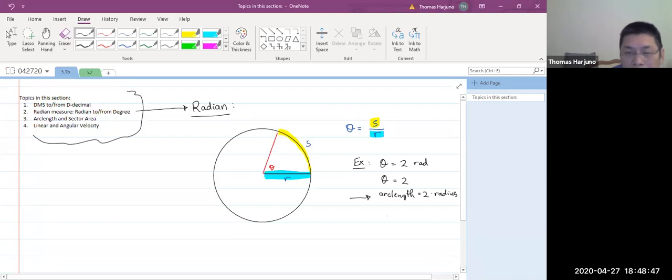So think of it this way: if this is the radius, and this is twice the radius, then the angle will be the central angle formed by that situation.